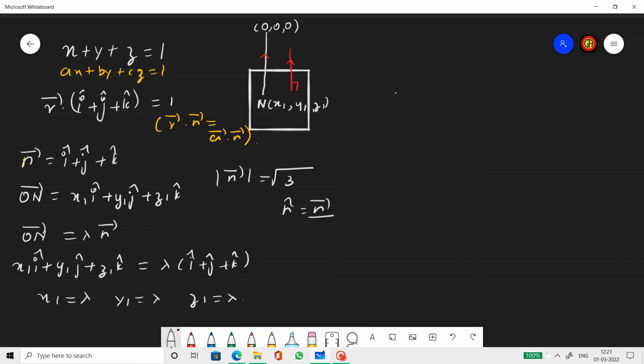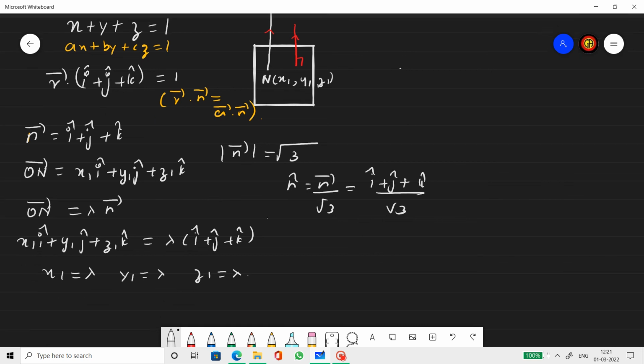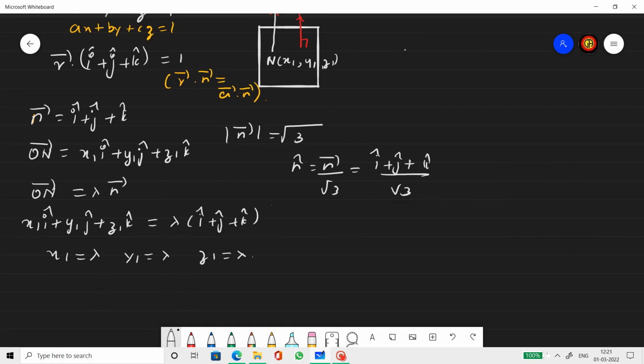The magnitude of n, we found as root 3. So n cap will be (i cap plus j cap plus k cap) by root 3. We may not be doing this if it was any other point. We are doing this only because it is from the origin. Okay? So now, instead of writing n vector, we are supposed to put n cap here. So all this will have a root 3.